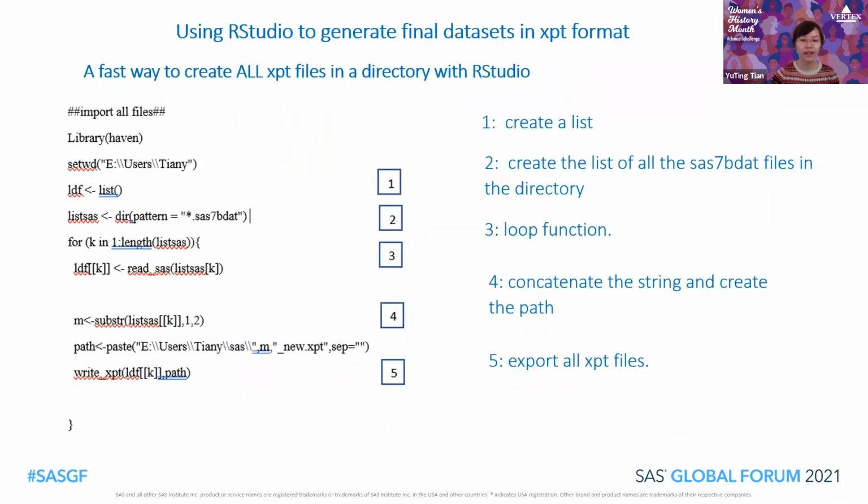So this slide is a fast way to create all XPT files in RStudio. This way is very similar to how we use a macro in SAS. The first process is we create a list with the list function. The second process is we create a list of all the sas7bdat files in the directory with the dir function.